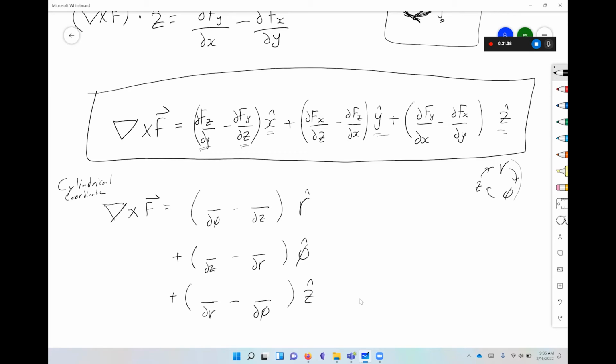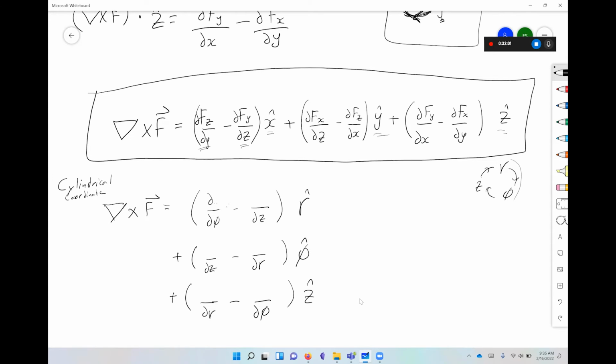However, we invert on the numerator. So I have delta FZ. Oh, because I was doing the notebook, the textbook sometimes uses A, so I'm using F. I'll remember to correct that.